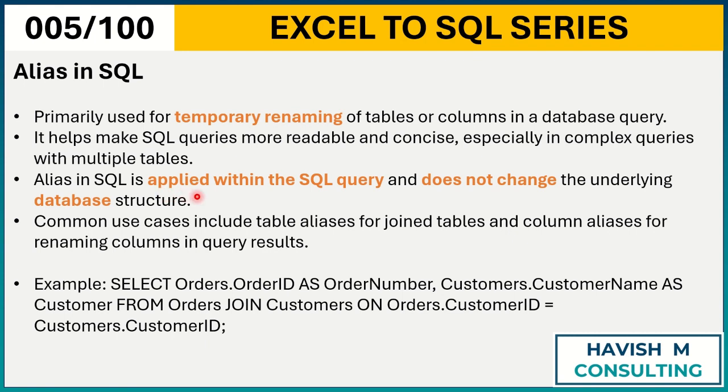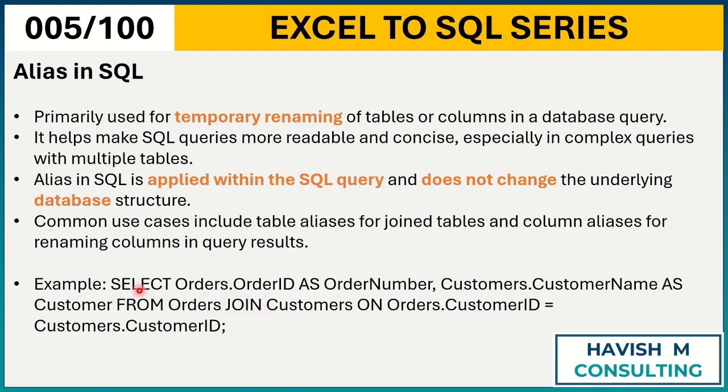So if I rename a column while I'm applying some aggregation in the query, it will not change the name of my column in the database. Common use cases include table aliases for joined tables or column aliases for renaming columns in query results. We had done something similar last time, so we'll quickly look at that. We won't get into the details of this query.